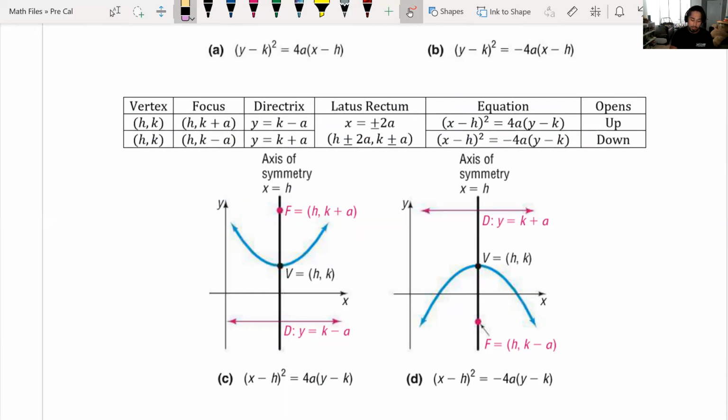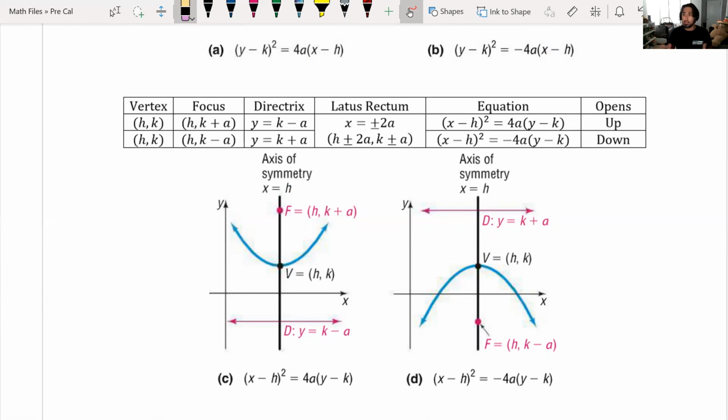And remember, placement of the focus next to the vertex lets you know how the parabola is going to open. So look at the first picture. Vertex is here. Focus is there. We open up. Look at the second picture. Vertex is here. Focus is there. We open down. Crazy, right? And if you looked at the above pictures, it would be the same.